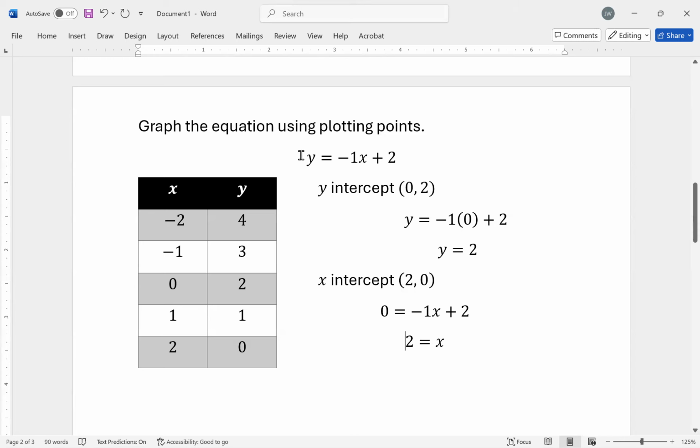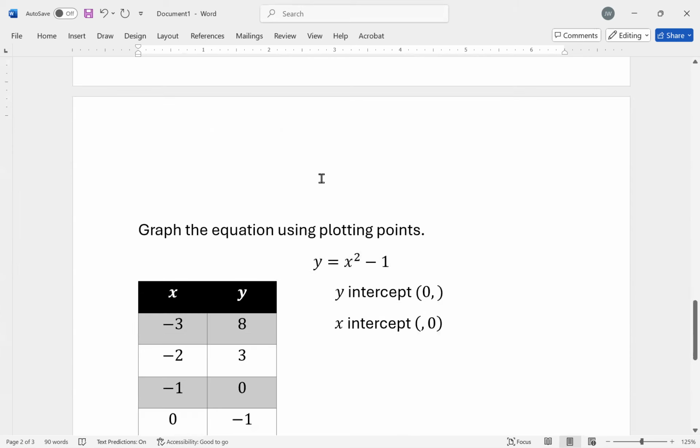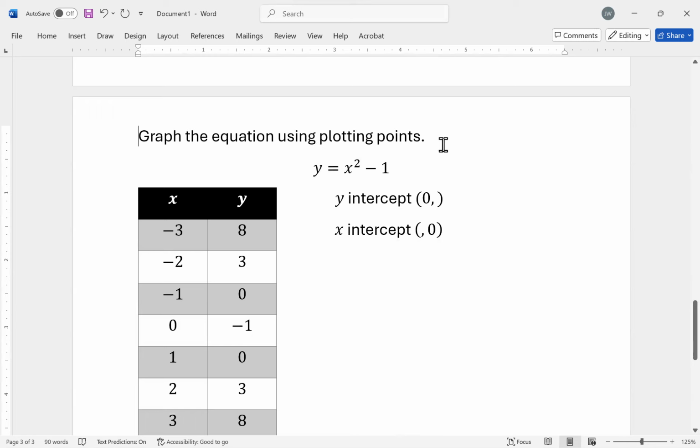Now, these two examples were both lines, straight lines. So there was only one place where we crossed the y-axis and one place where we crossed the x-axis. With the parabola that we had graphed, that was not the case.